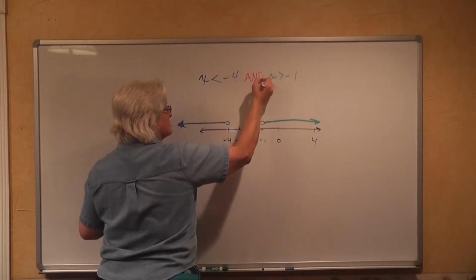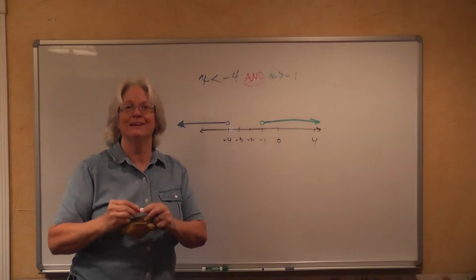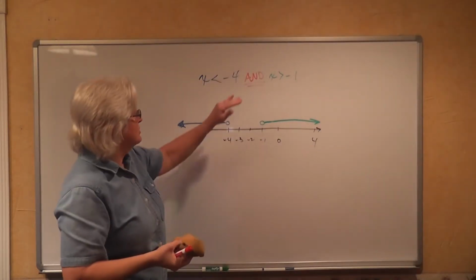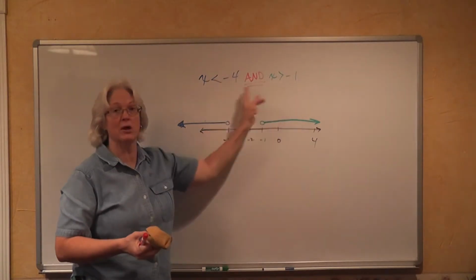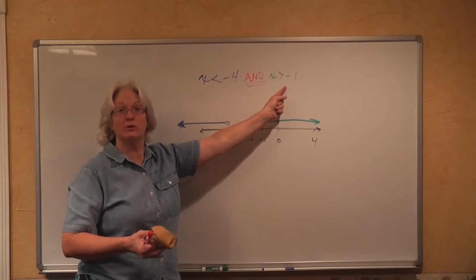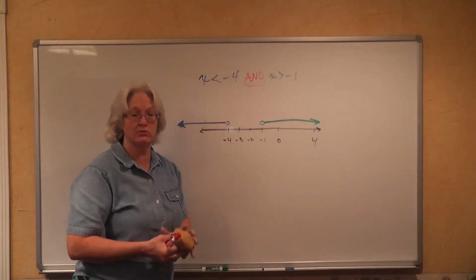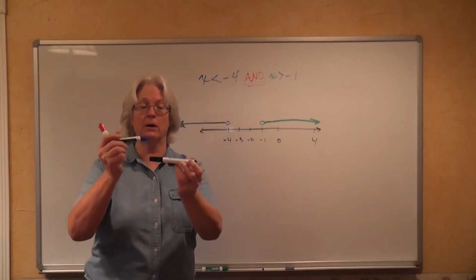What do we know about a conjunction? Conjunctions are ands, which are intersections, which means that your solution must satisfy both of these inequalities in order for it to be true. It's the area of overlap. You've got to do them both.